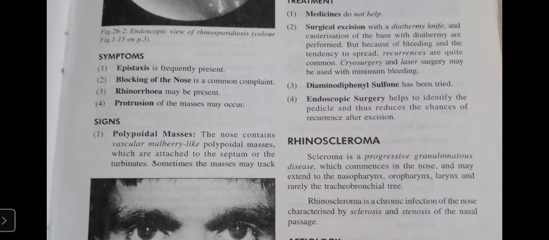nasal cavity. The next one is signs. The first one is polypoidal mass. The nose contains vascular mulberry-like polypoidal mass that is attached to the septum or to the turbinate, and it may track backward into the nasopharynx or oropharynx.